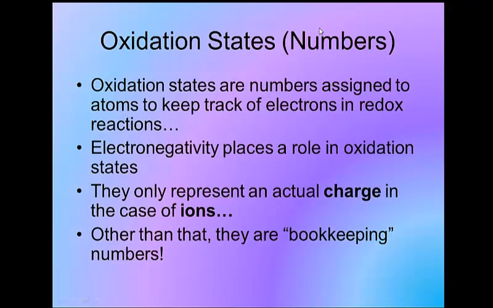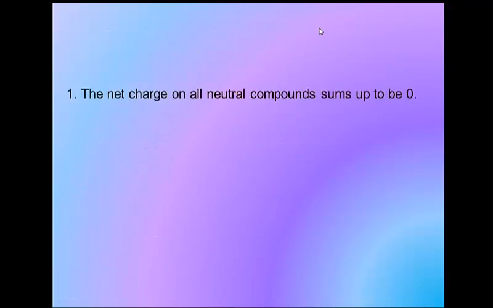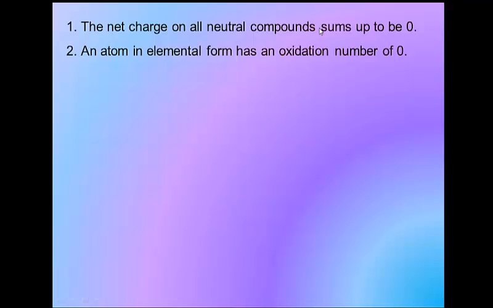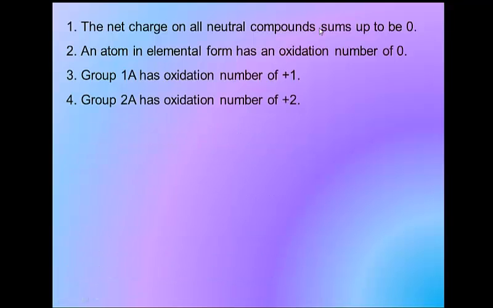So we're going to go into the rules. The net charge on all neutral compounds must sum up to be 0. An atom in its elemental form, and that includes the diatomics, has an oxidation number of 0. Group 1A's oxidation state is exactly like the charge. Group 2A is the same, exactly like the charge.